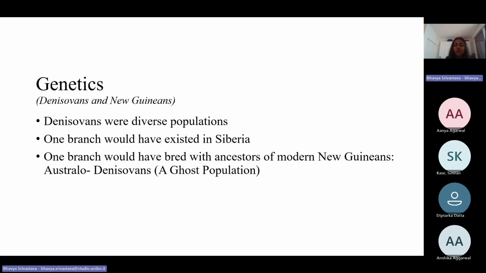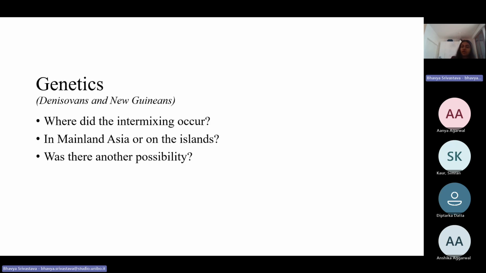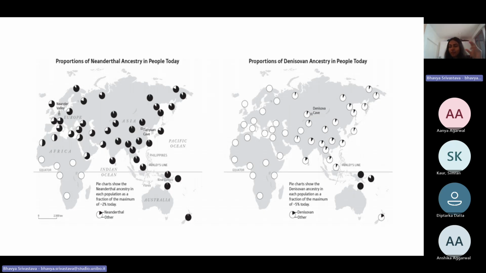These were called Australo-Denisovans, and it is a ghost population. So, what is a ghost population? A ghost population is a population that would have existed somewhere in DNA history, but their direct DNA sampling cannot be done in any case.